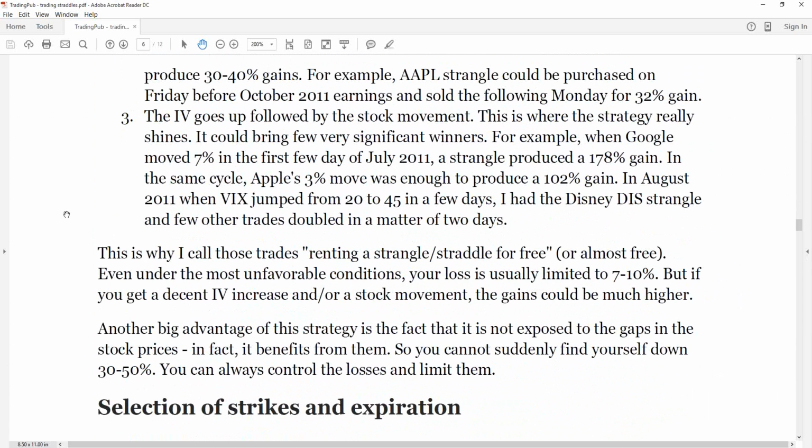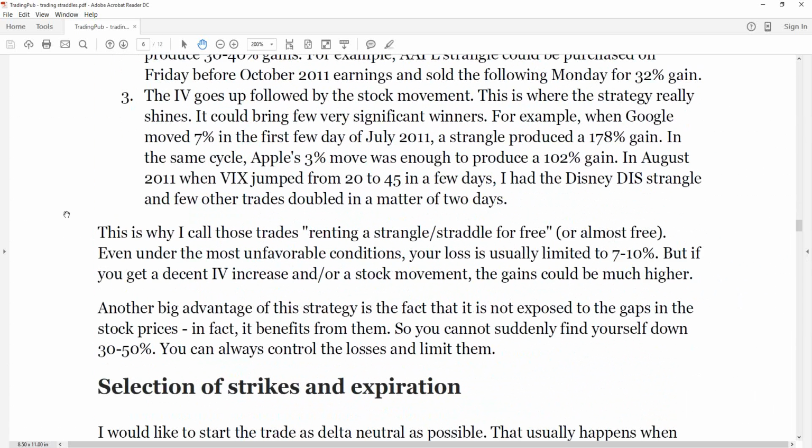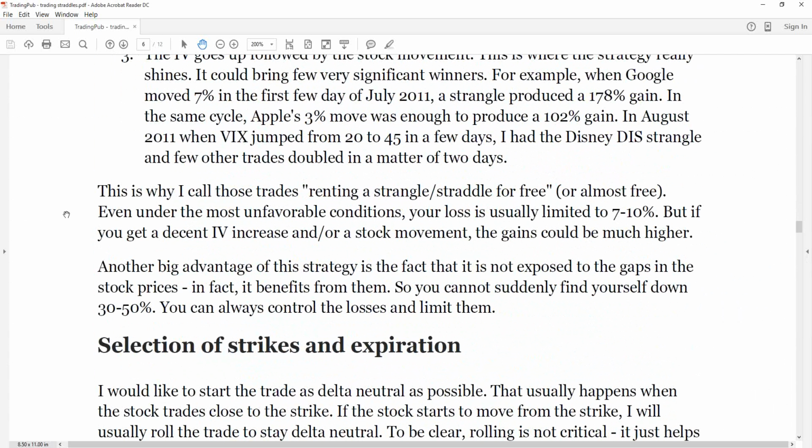Apple produced a 102% gain, but both cases are relatively rare, and I probably wouldn't bet on this happening. So this is why I call those trades renting a strangle or a straddle for free, or almost free.